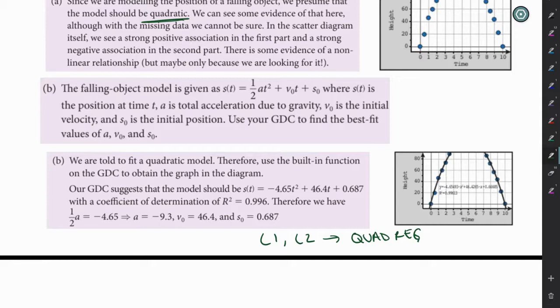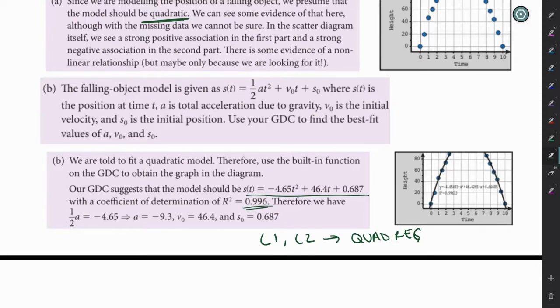So from the calculator, the quadratic regression gives us this value. So it tells us that our s of t is equal to negative 4.65 t squared plus 46.4 t plus 0.687 with a coefficient of determination of r squared equals 0.996.